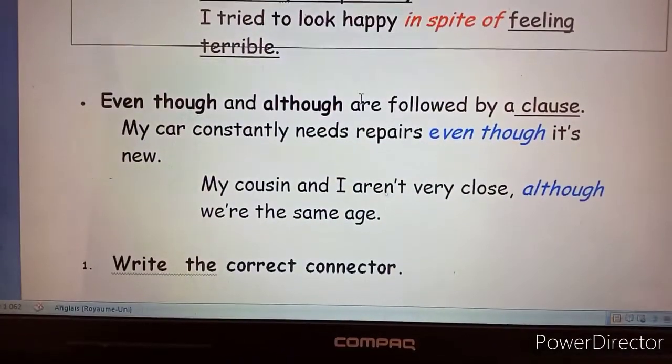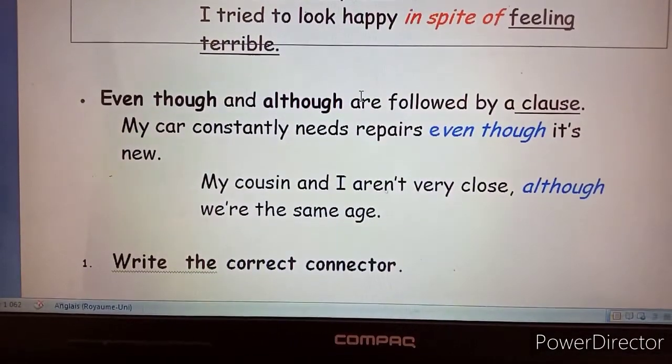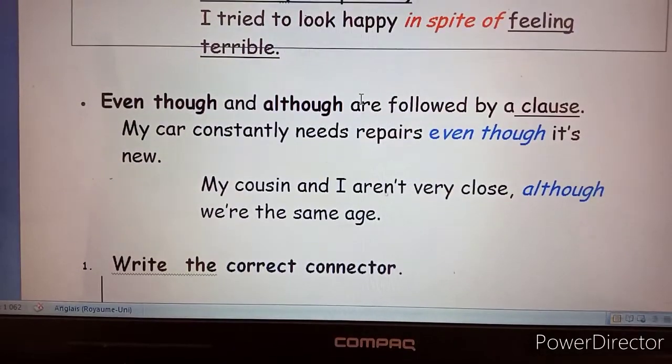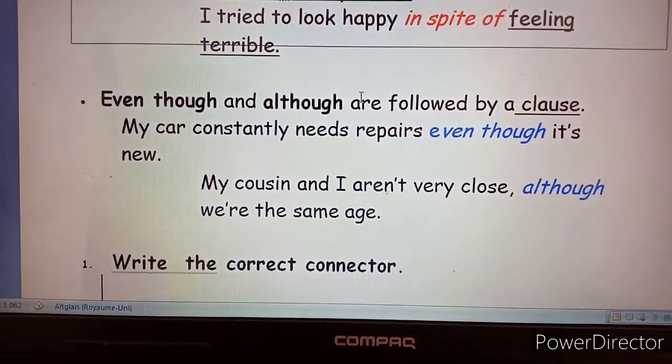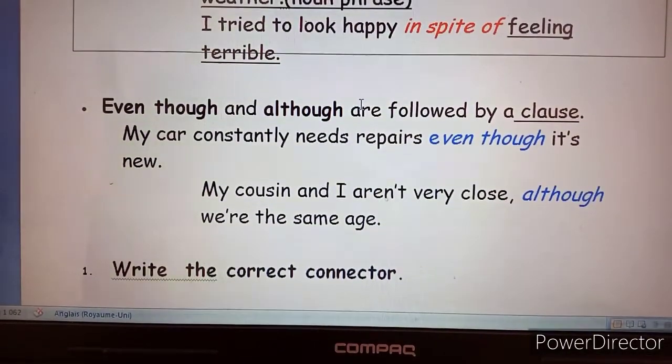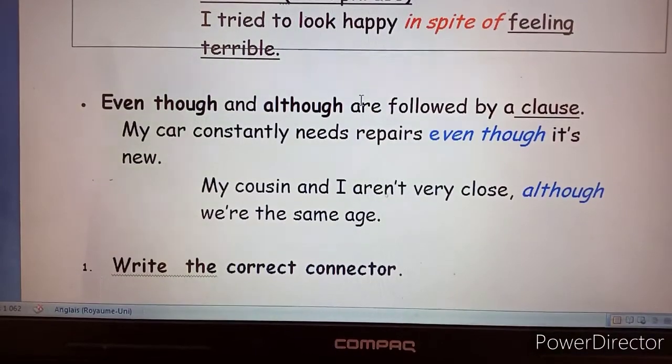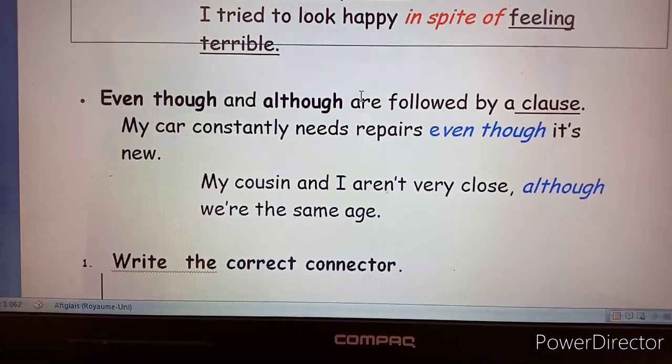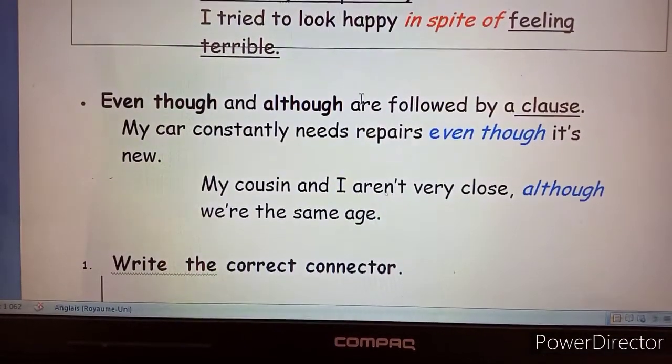Even though and although are followed by a clause. This is an example: my car constantly needs repair even though it's new. So look here, even though is followed by it's. In general they are followed by a clause or a pronoun.